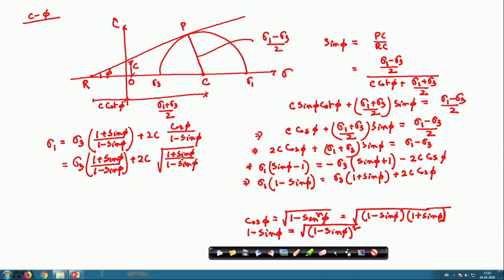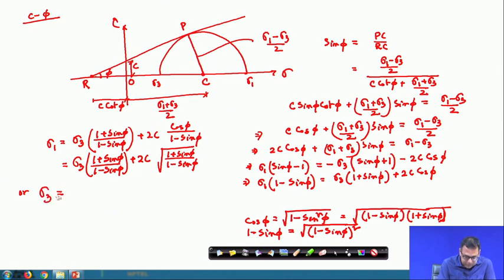Okay. So, final expression is this one, or I can write that sigma 3 is equal to sigma 1 (1 minus sin phi)/(1 plus sin phi) minus 2c root over (1 minus sin phi)/(1 plus sin phi). Okay.